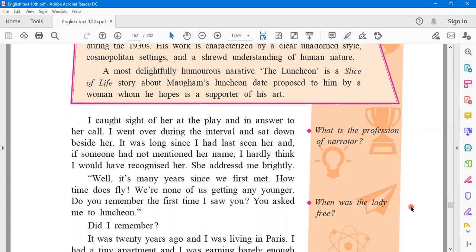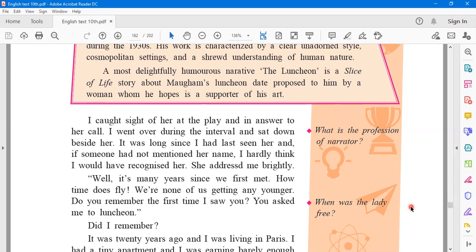When there was an intermission, at that time she called out to him, and he went over and sat down beside her. It was long since I had last seen her, and if someone had not mentioned her name, I hardly think I would have recognized her. She addressed me brightly.